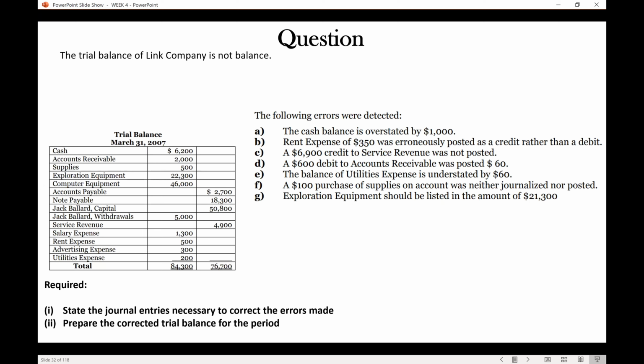This is saying that no part of this transaction was recorded. It was neither journalized nor posted. Unlike the others, it is telling you what part was not posted. So this is more of something that was completely left out. Still an error, but not an error that requires you using suspense.